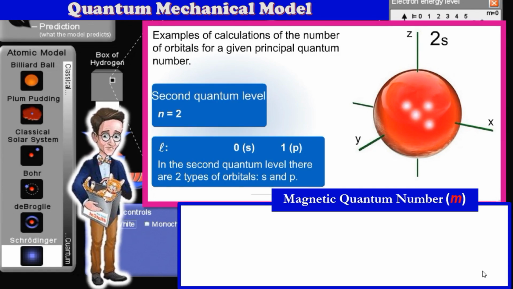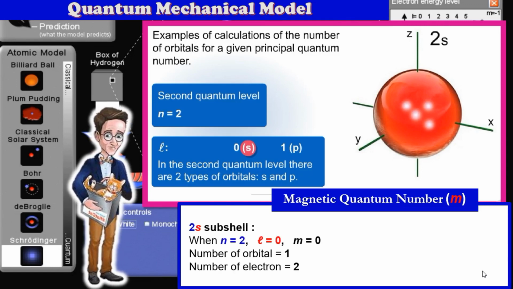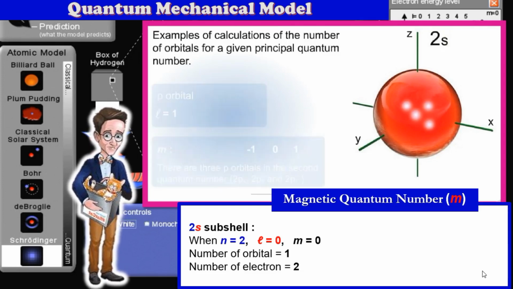The principal quantum number for the second quantum level is 2. There are s and p orbitals in this level, because the values of the azimuthal quantum number L are 0 and 1 respectively. There is one s orbital, since the magnetic quantum number for L equals 0 is 0. This orbital is labelled 2s.